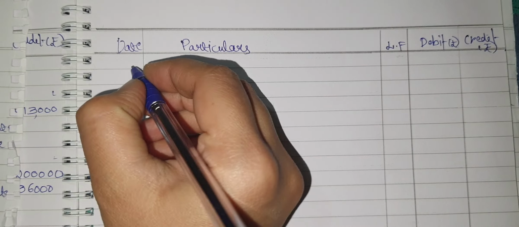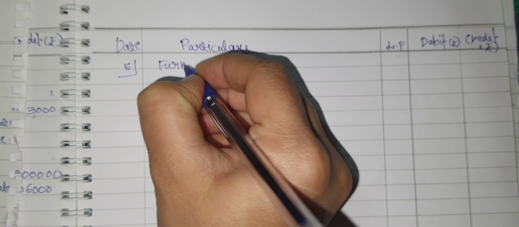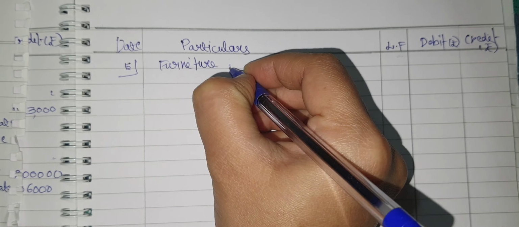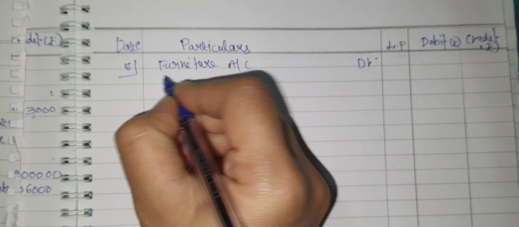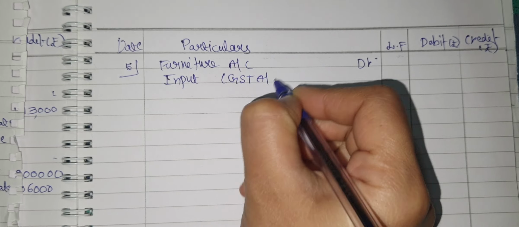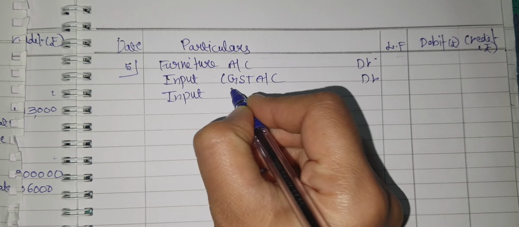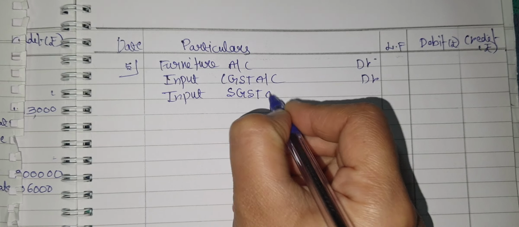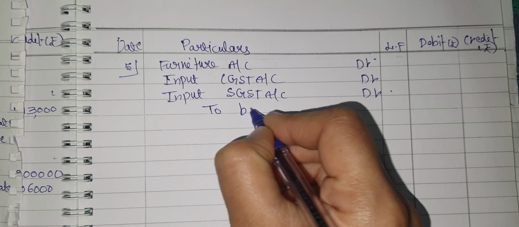So the entry is: Furniture account debit, Input CGST account debit, Input SGST account debit, to Bank account.